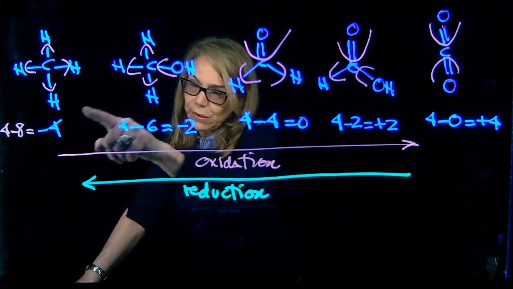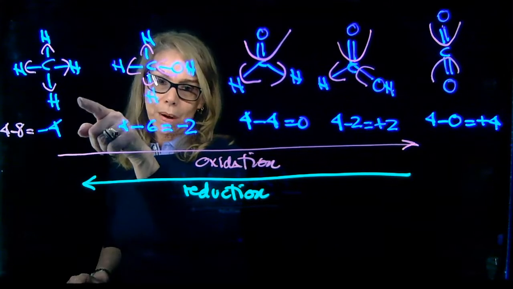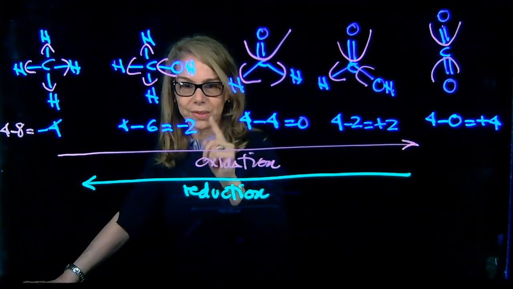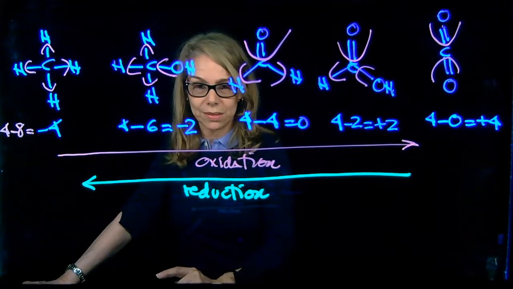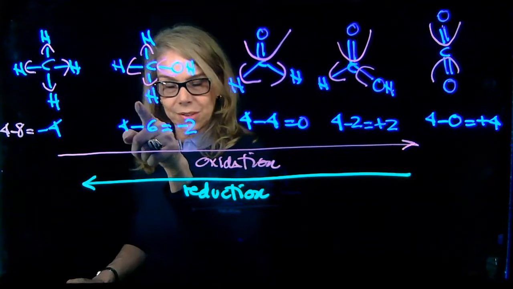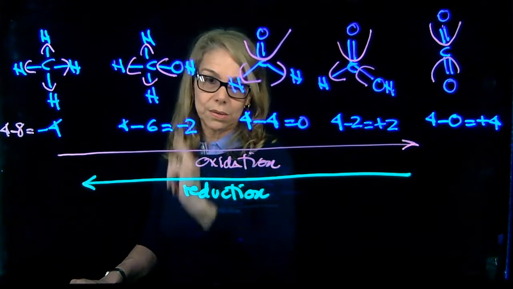But now I want you to notice something. When we go from here to here, which is an oxidation, here we had 4 bonds to hydrogen. But here, I have 1 less bond to hydrogen. I have only 3, and 1 bond to oxygen.